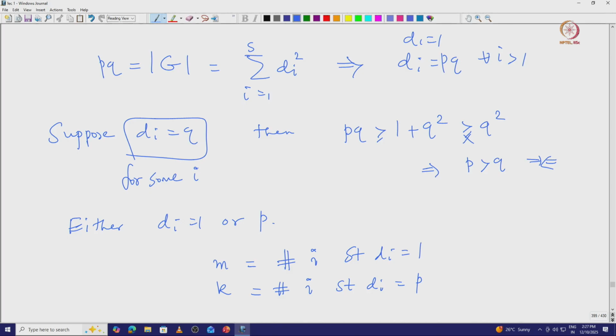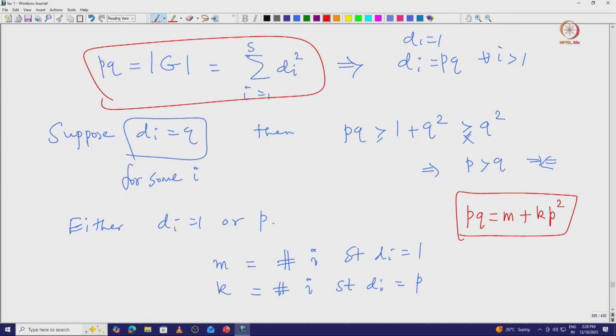From this we can easily see that the cardinality of G, which is pq, is exactly equal to m, the number of d_i which are 1, plus k times p squared, where k is the number of d_i which are p. So, we get this equation.